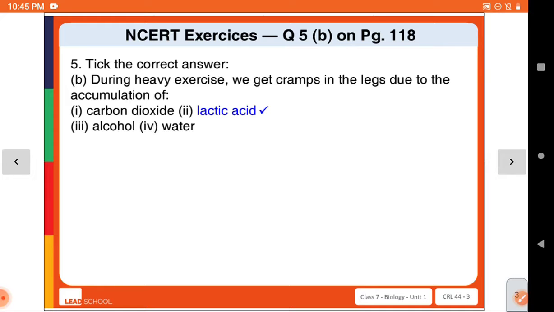Sometimes our legs or our body are not comfortable after heavy exercise. So what is the reason? The answer is lactic acid, which is the reason behind the cramp in the leg. So students, these are the two questions which were given in homework.